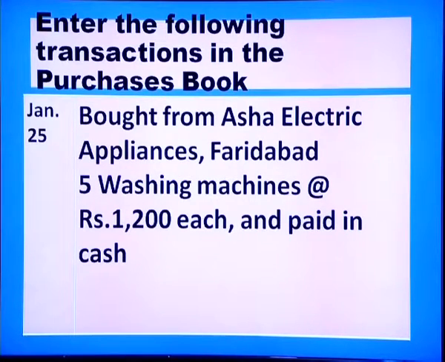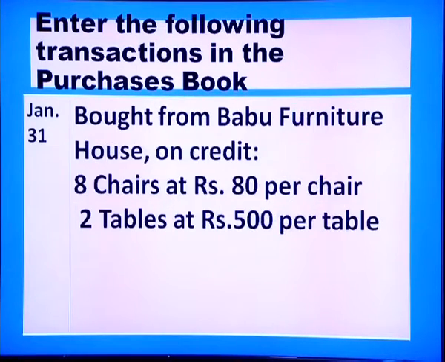Then we bought from Asha Electric Appliances and we have mentioned the details. In that, please note that paid in cash is written. So cash transactions will not be written in the purchases book. I have just told you it will be written in the cash book.